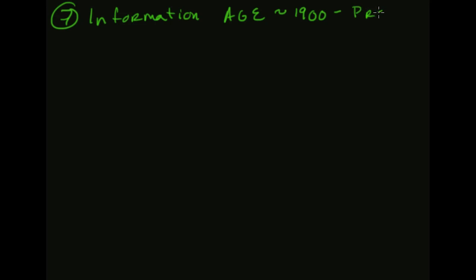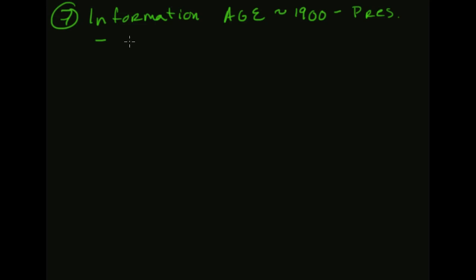Our current period tends to be called the Information Age. This is from around the turn of the century, the turn of last century, 1900, the turn of the century I was born in, not the century you were born in, to present day.